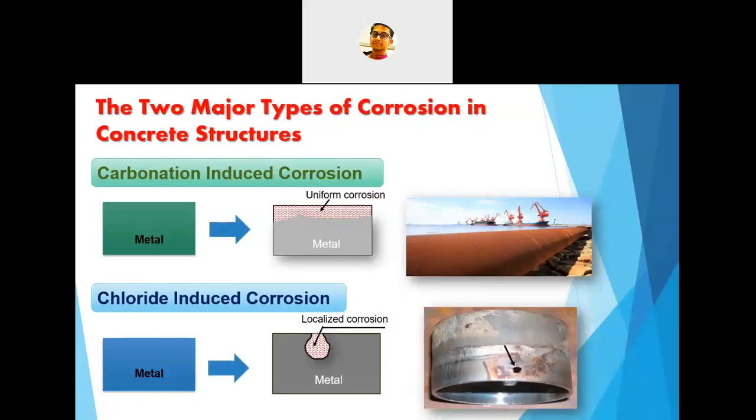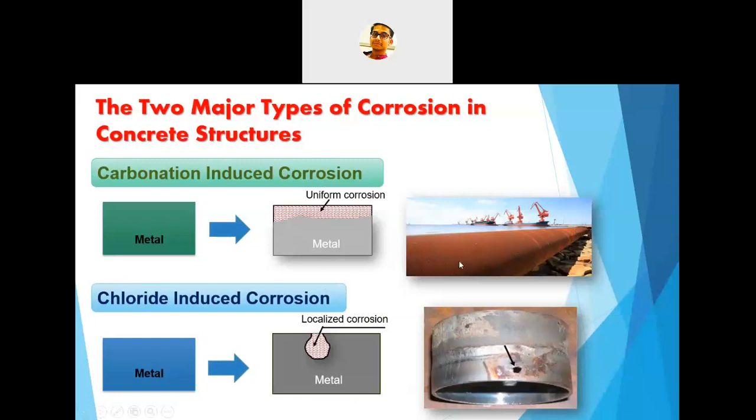And in the case of localized corrosion, the corrosion will be at a particular place. It won't be throughout the surface. For an example, I have shown you some pictures here. You can see for the carbonation, the corrosion is uniform throughout the length of the pipe.